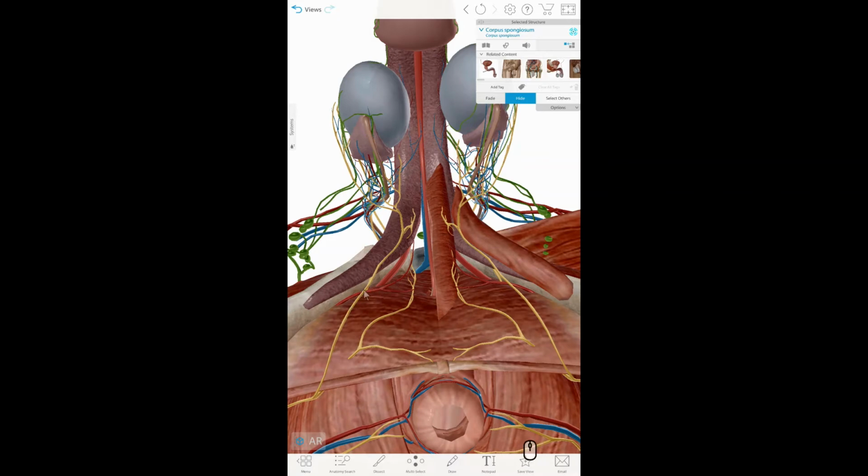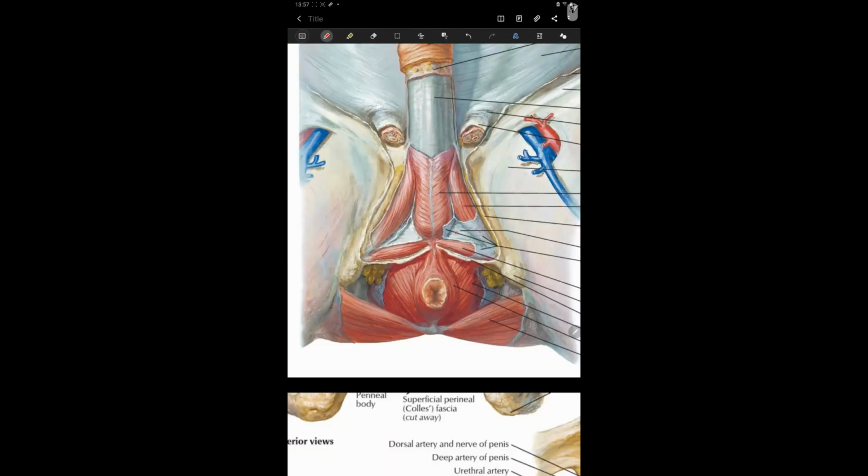So the posterior scrotal nerve and the internal pudendal artery, along with its branches, the dorsal artery of the penis and the deep artery of the penis, are the contents of the superficial perineal pouch.